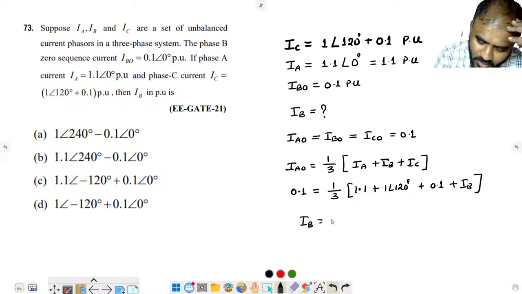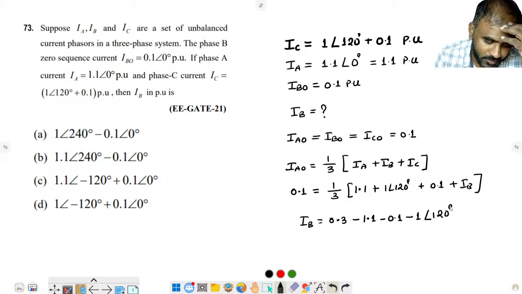Let's see, 0.3 per unit minus 1.1 minus 0.1 minus 1 at an angle 120 degrees. Yes or not?